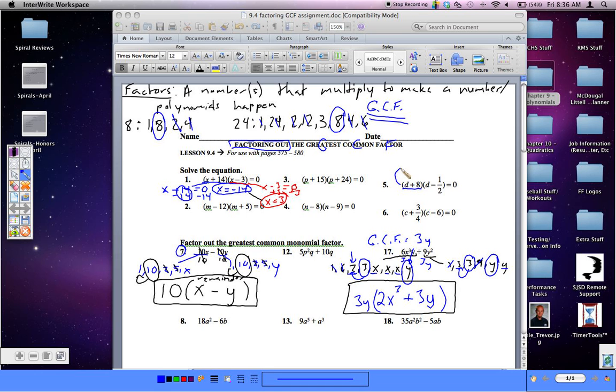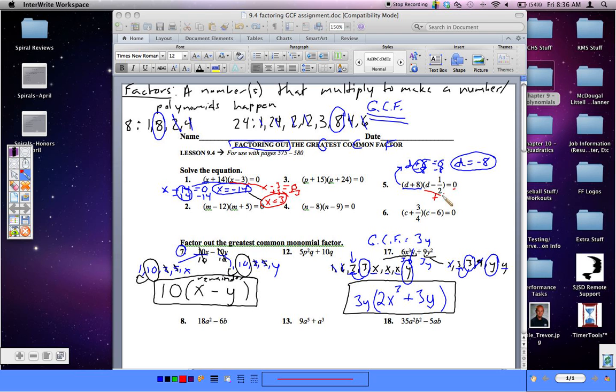We'll work d plus 8 equals 0 there. Opposite operations tell me to subtract. This would cancel, leaving me with d to equal 0 minus 8, which is negative 8. There's one answer. Then I have d minus 1/2 equals 0.